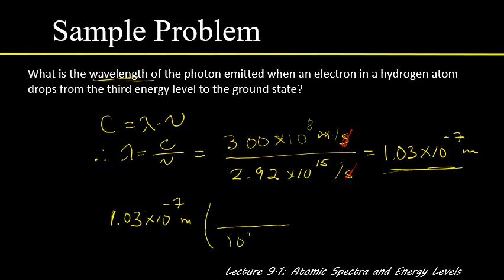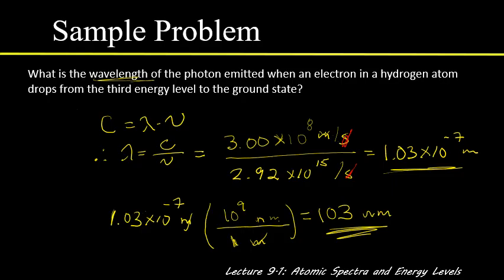Remember, there are 10 to the 9th nanometers in 1 meter. Let's cancel. And this gives me 103 nanometers, which is in the UV range.